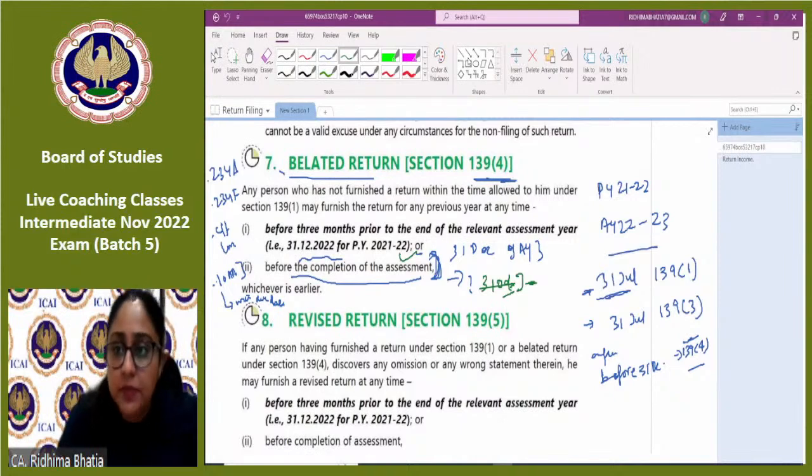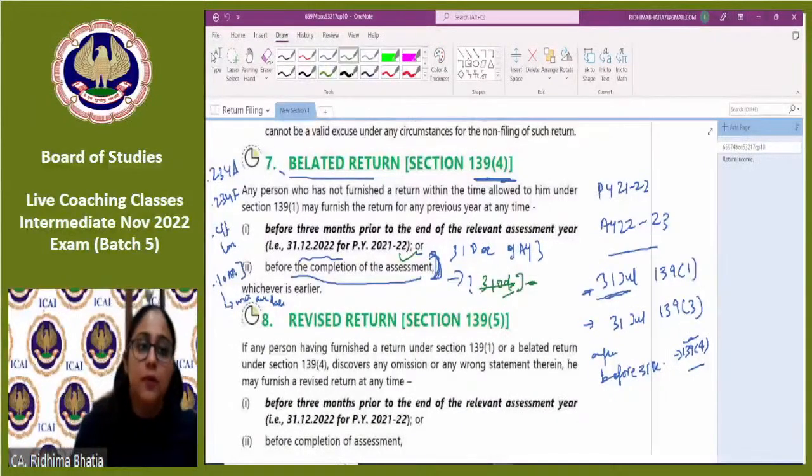Technically, you will write 3 months prior to the end of assessment year, but to explain to you, 31st December, the meanings are the same, right? Do not forget to relate to these exceptions, okay?